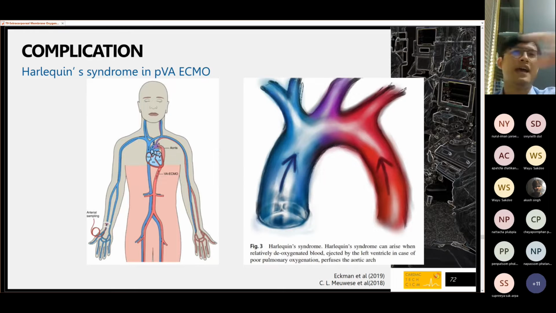In my experience, I had one guy who was drowning. He had an accident with a jet ski and drowned, and after that he had ARDS. At that time, we had no idea much about VV ECMO. We put him on VA ECMO.